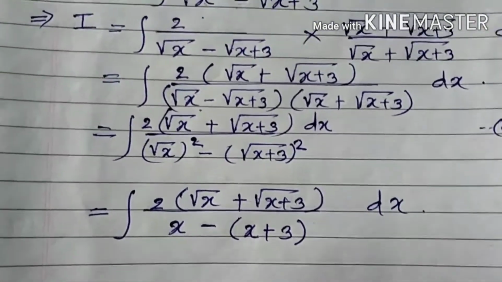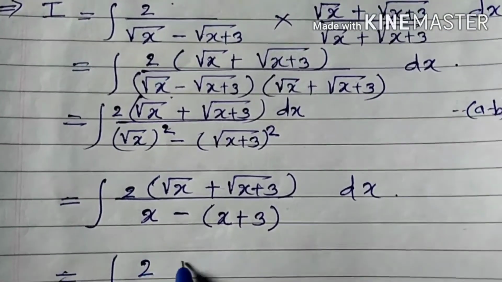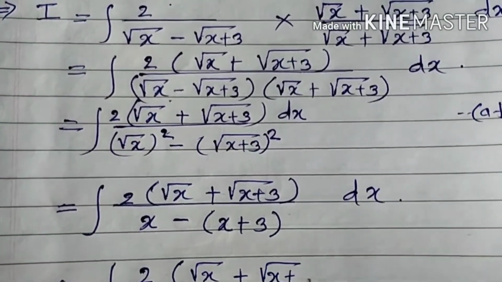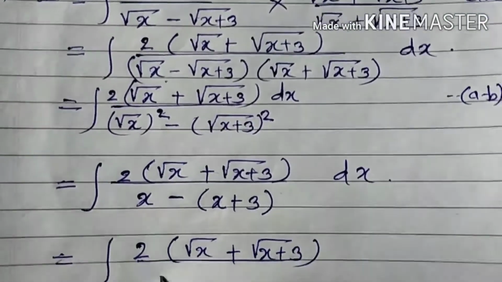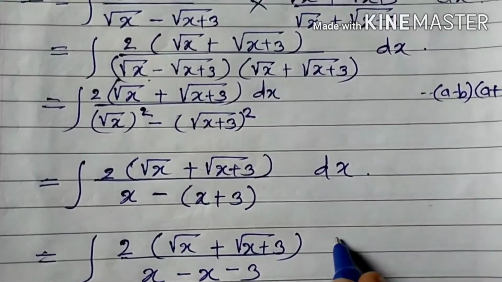Now open that bracket, so we get the integration of 2 under root of x plus 3 upon x minus 3 dx.